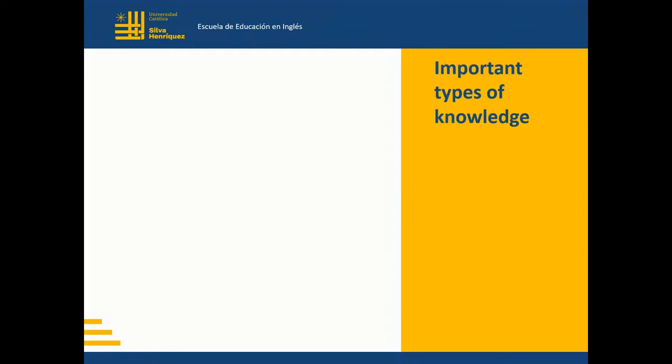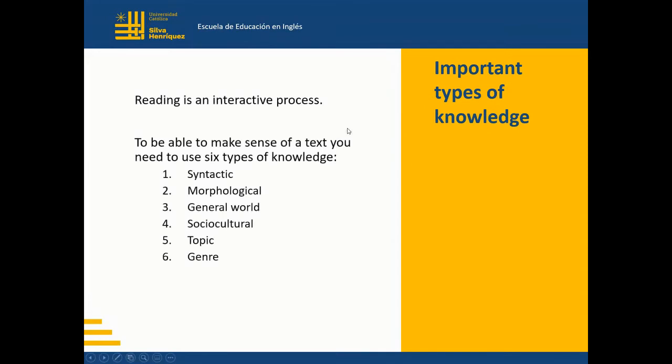The example is useful as it shows, on the one hand, that reading is an interactive process. This means readers struggle to make sense of a text, to either construct a personal interpretation or to understand the author's original intentions. But the example is also useful as it shows the types of knowledge often used to decode what a written piece of text says.